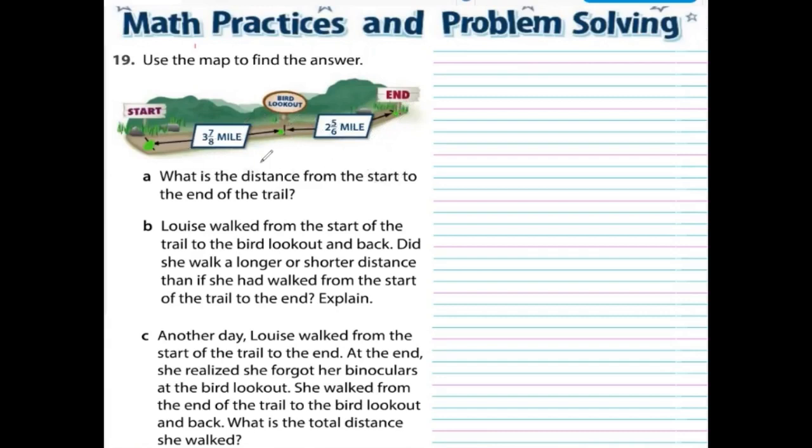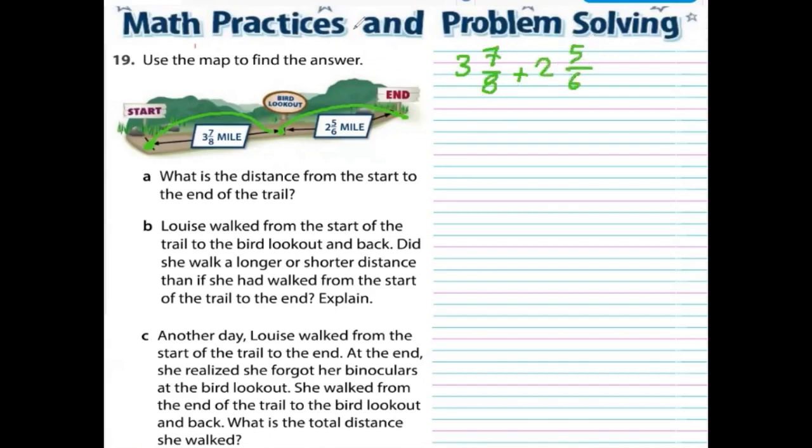The first question, what is the distance from the start to the end? We need to add the 2 fractions or the 2 mixed numbers that you have. So to solve question A, I'm going to use this space as a draft. So it's a 3 and 7 over 8 plus 2 and 5 over 6.